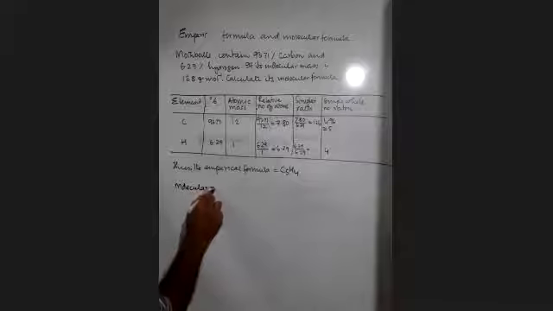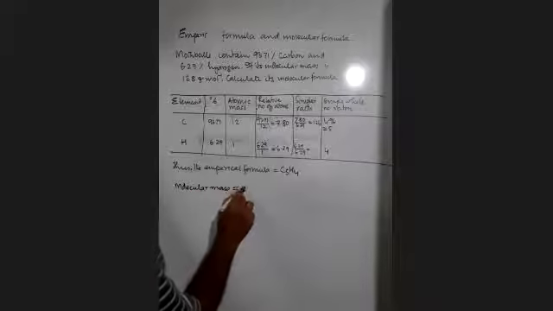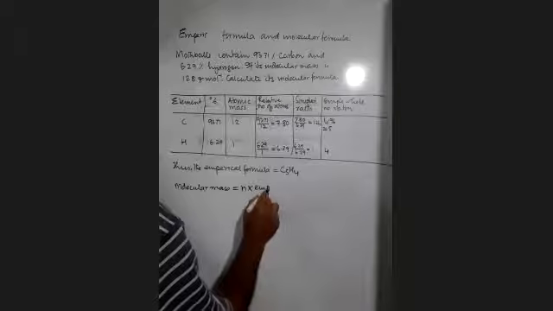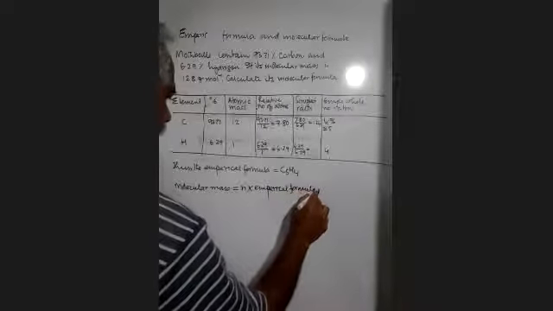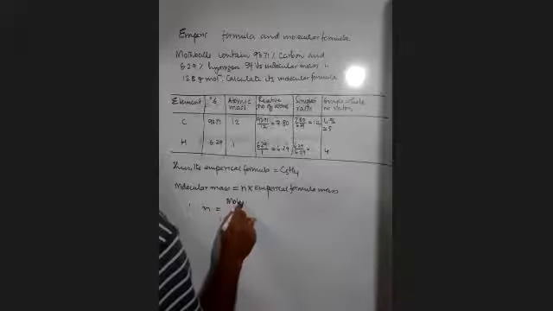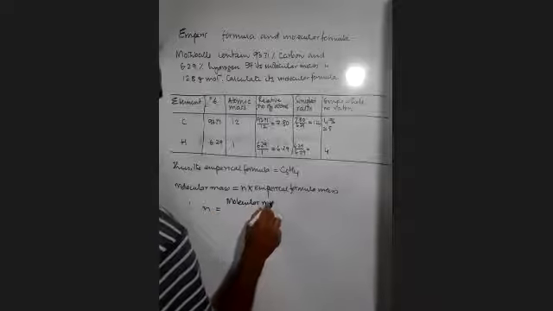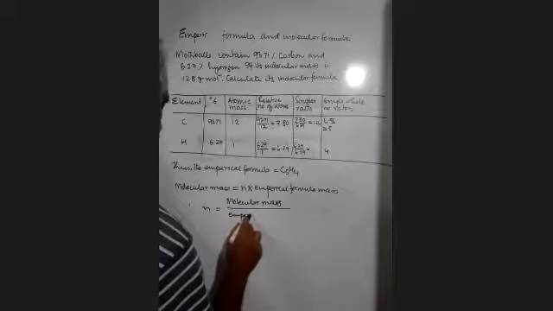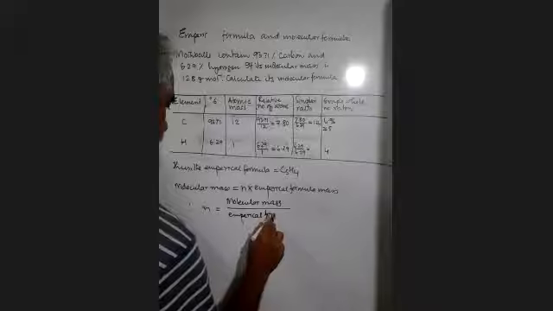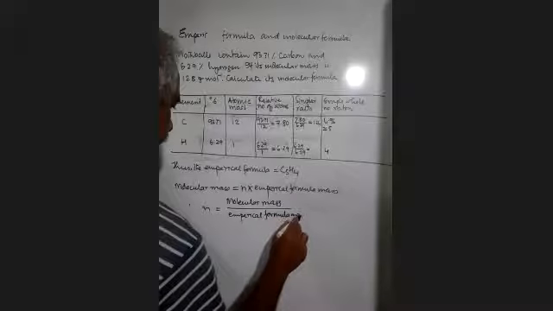So we'll write here: molecular mass equal to N into empirical formula mass. Therefore, N is equal to molecular mass divided by empirical formula mass.